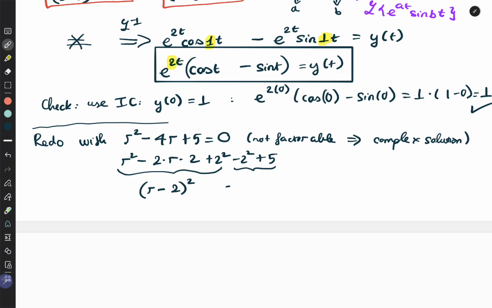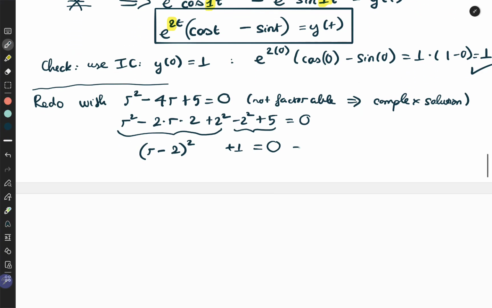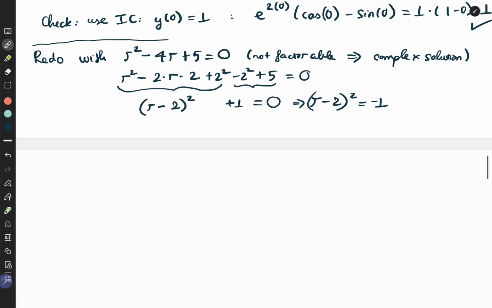The last 2 terms is just plus 1 equals 0. Okay, therefore (r minus 2) squared equals negative 1. I take a square root. r minus 2 is just plus or minus i. Therefore r is 2 plus or minus i.